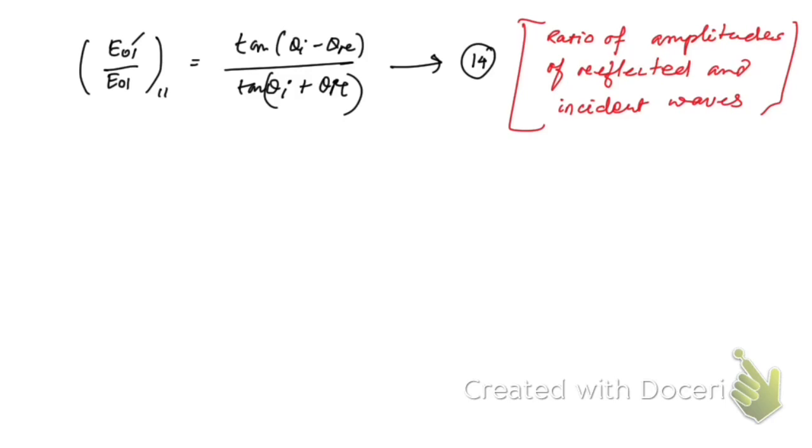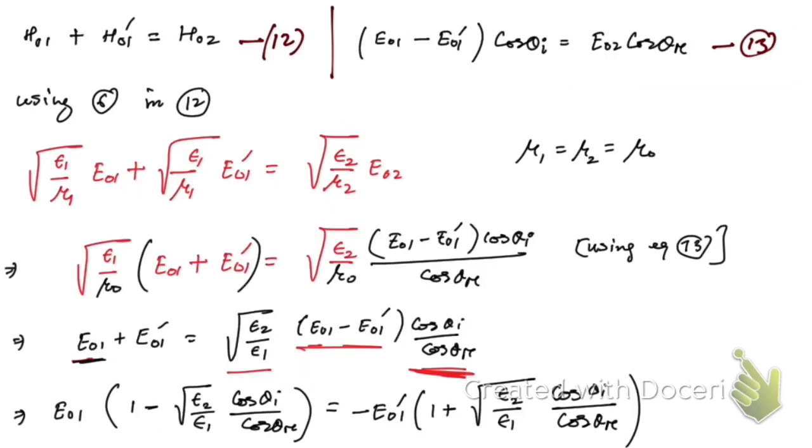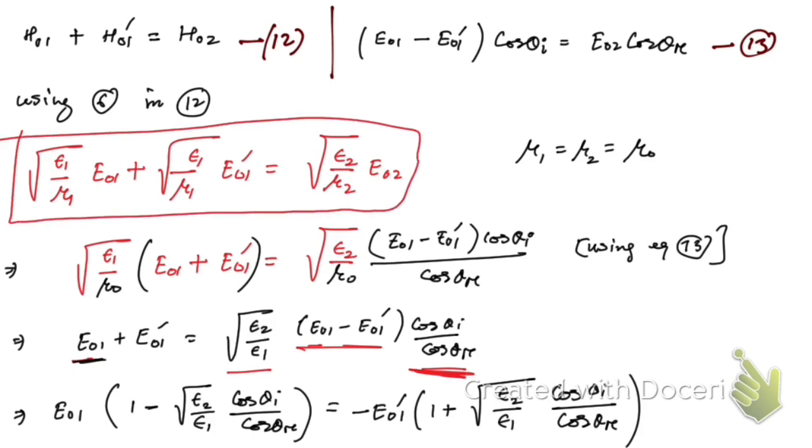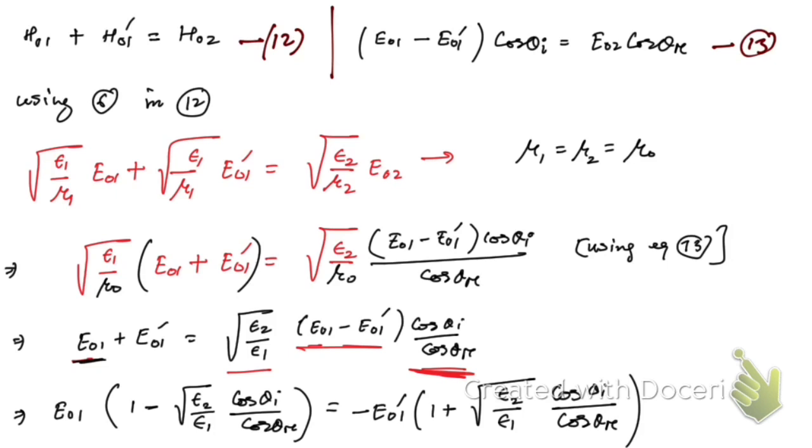Now from this equation, let me go back. If we copy this equation, let it be capital A. In this equation, if we replace E001 dash from this equation, what are we going to get?